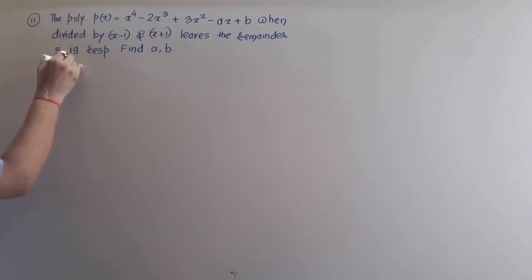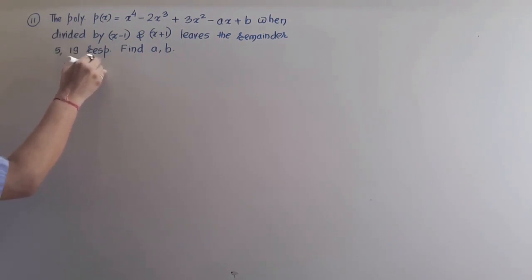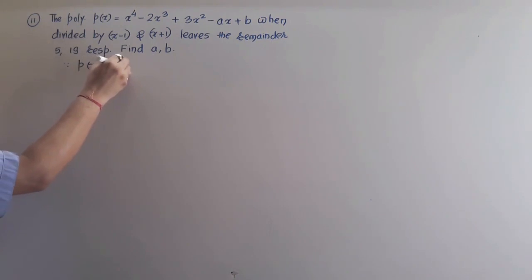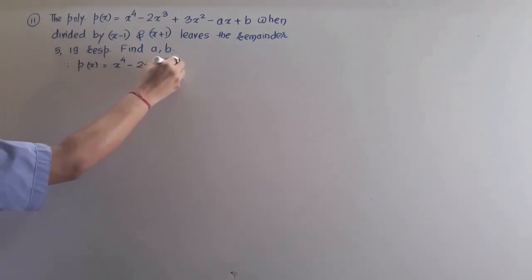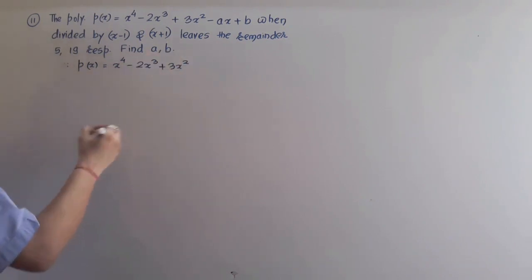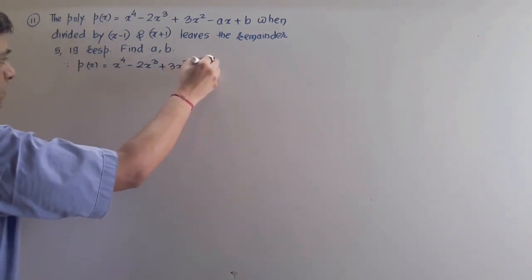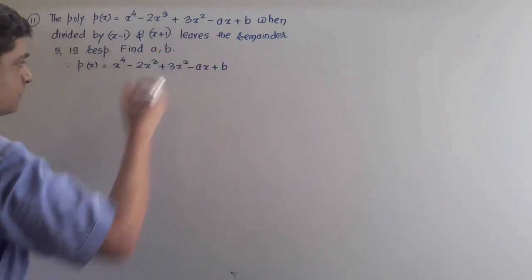First, we have the value of P of x is equal to x to the power 4 minus 2x cube plus 3x square minus ax plus b. That is given in the question.